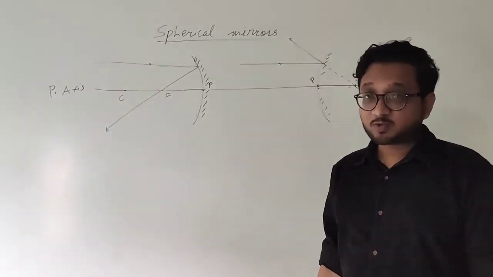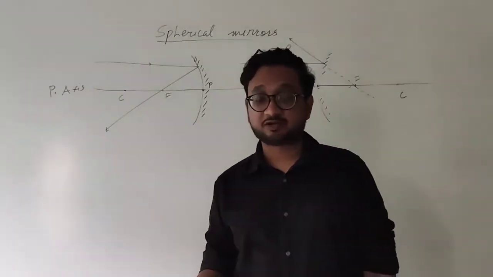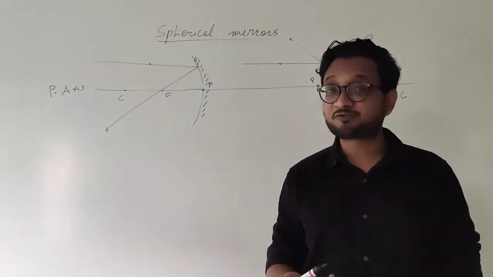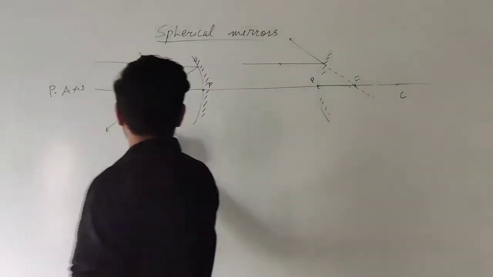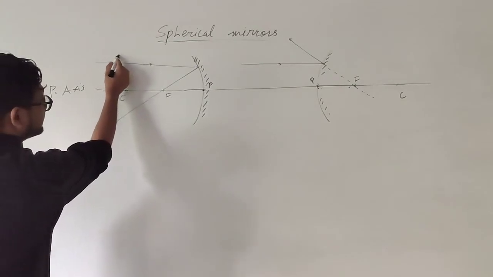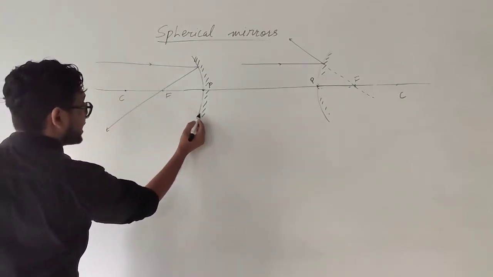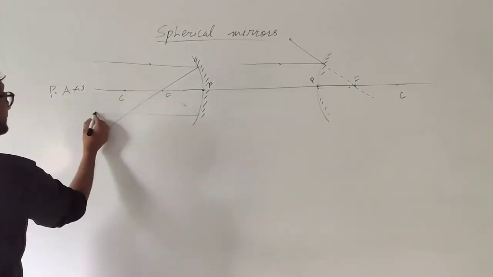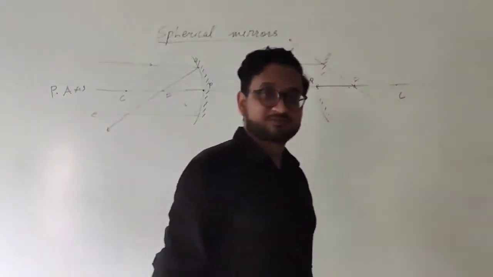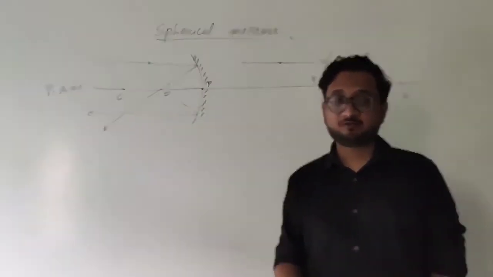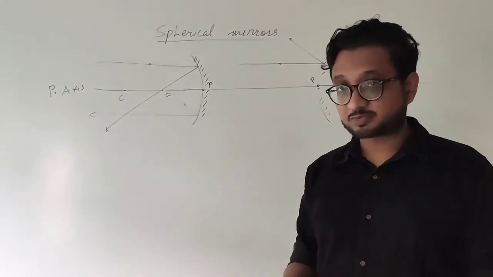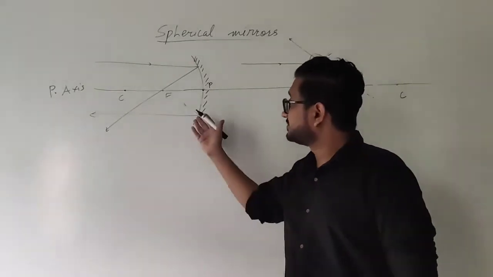Okay. The next one is the exact opposite. When a ray of light passes through focus, so let's say we have a ray of light that passes through focus like this, okay, then it will become parallel. So if we have a ray of light which is passing through focus point, then it will become parallel.